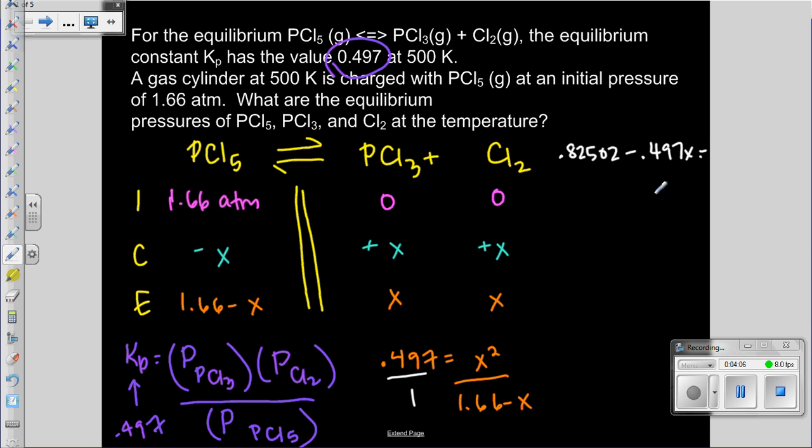That is equal to x squared. So if I move everything to the same side, I will have x squared plus 0.497x minus 0.825 equals 0.